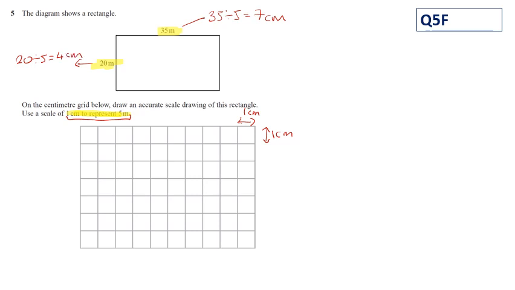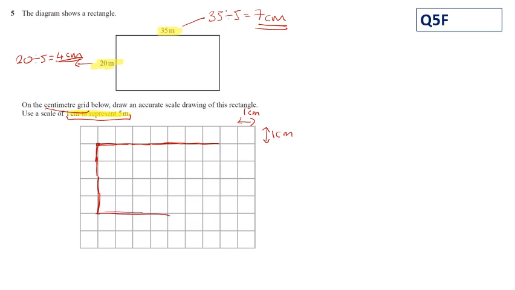Now I need to draw this rectangle on the grid below. So 7 centimeters, if I've got a centimeter grid, I'm going to draw 7 lengths, so 7 of these smaller lengths, 1, 2, 3, 4, 5, 6, 7, and the width is 4 centimeters, so that's 4 of these little lengths, 1, 2, 3, 4, and now I can draw the rest of my rectangle.